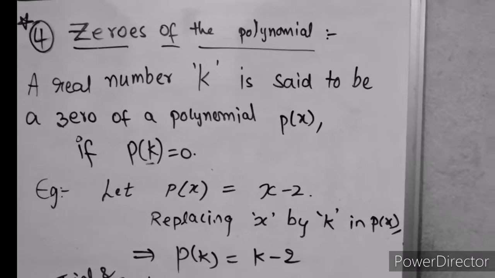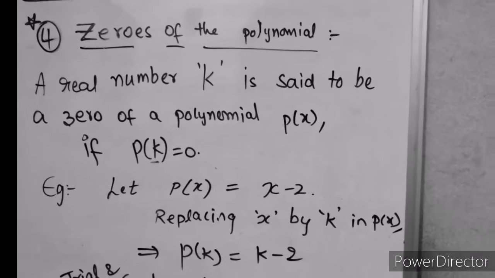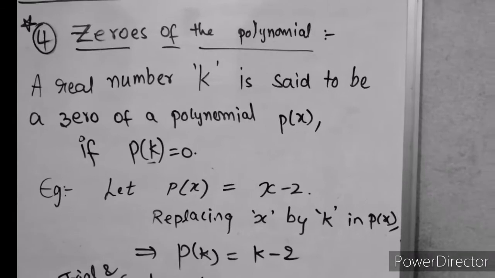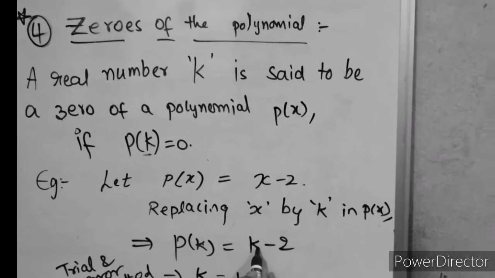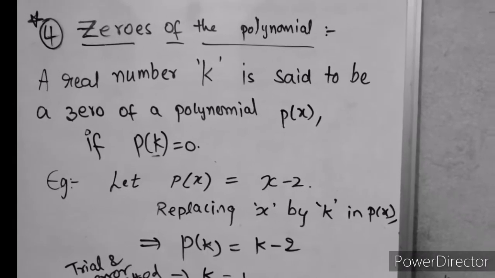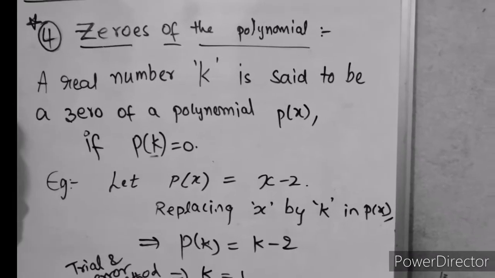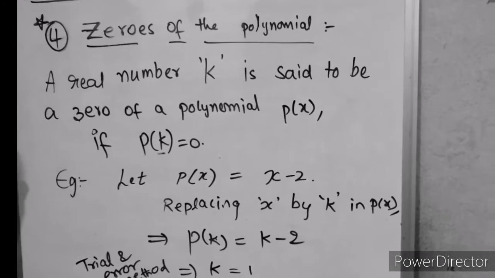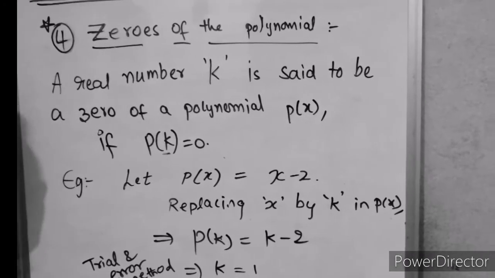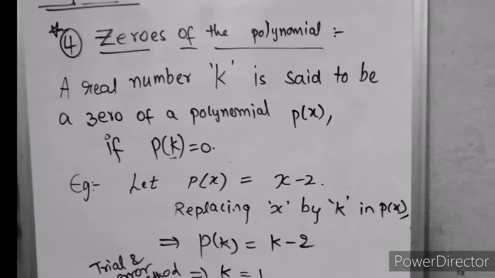That implies p of 1, in the place of k I substitute 1. Then on the RHS also, in the place of k I substitute 1 minus 2. What is 1 minus 2? It is minus 1. And minus 1 is not equal to 0.